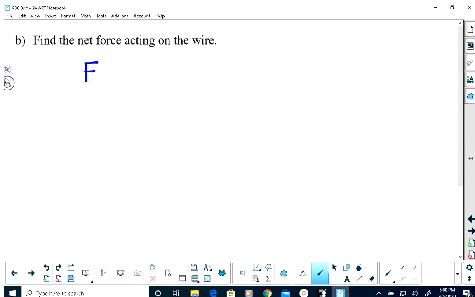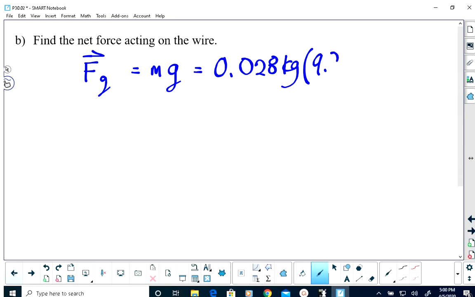So in order for us to answer this question in B, we actually have to find the gravitational force first. Well, let's just calculate the gravitational force. It's m times g, which is 28 grams, 0.028 kilograms, times 9.81 newtons per kilogram.